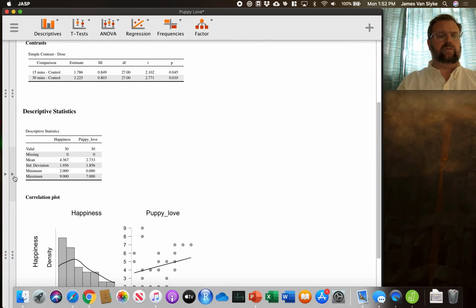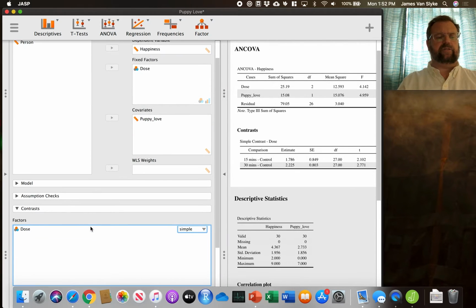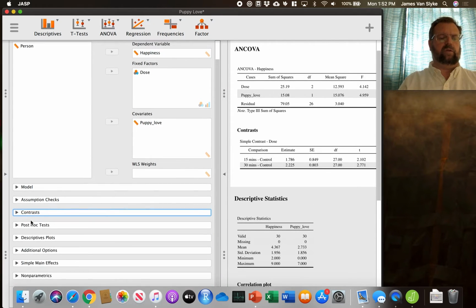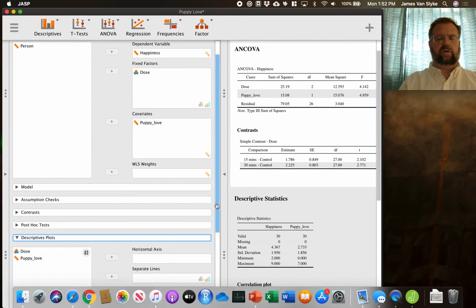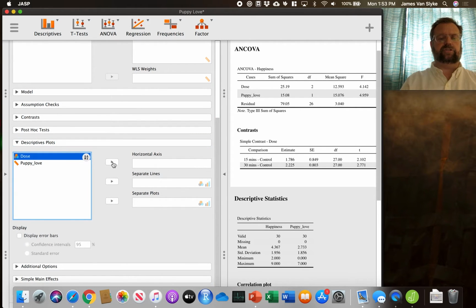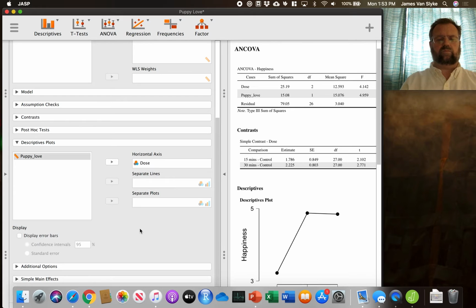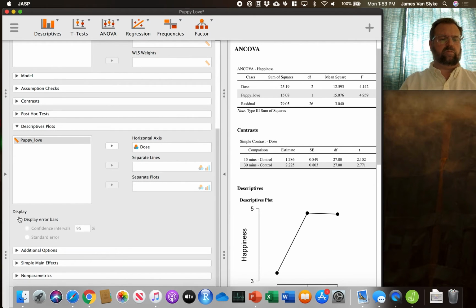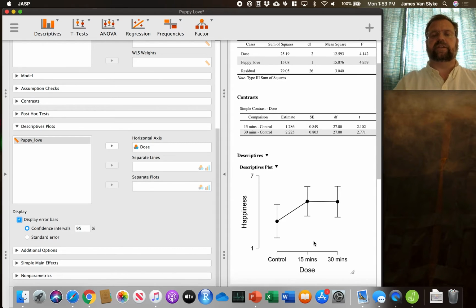So finally, the other thing we'll want to have, just like we had before, is our plots as well. So take the dosage, display error bars, and then that'll allow us to have our same descriptive plots as we had previously.